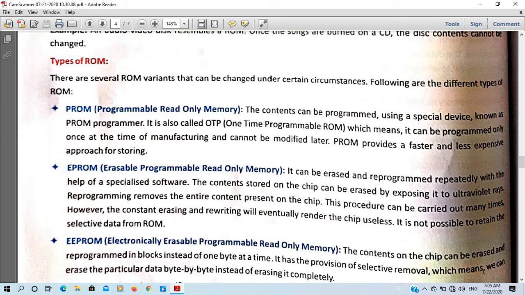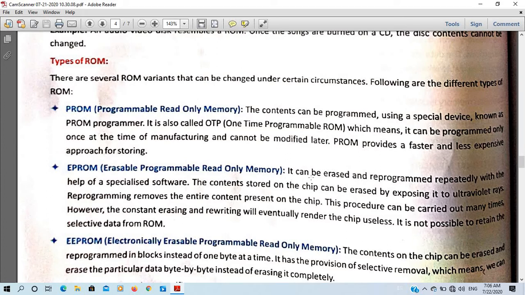But there is a second type of ROM, that is EPROM, erasable programmable read only memory. This gives us the flexibility to make the ROM functional again if something gets erased or damaged from the program that was stored the first time.